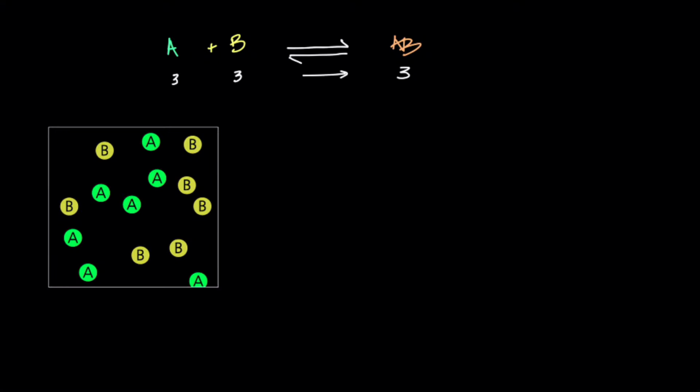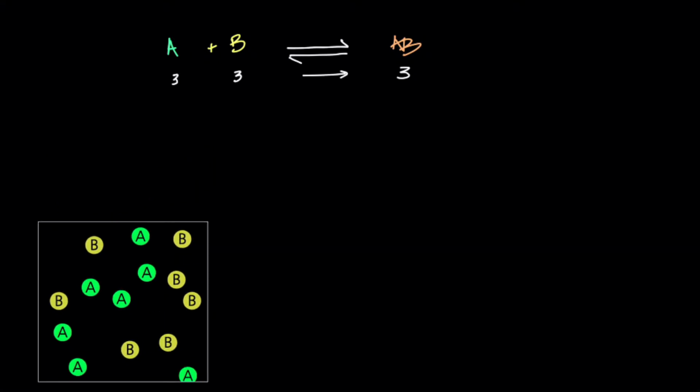In that first second, and this is me using fake numbers, but to explain to you mathematically what's happening. Now, in the second second, because you have used up A and B, their concentration is decreasing. Like imagine you have literally thrown away 3 A's and 3 B's. They're literally gone from here.